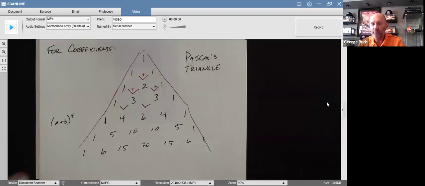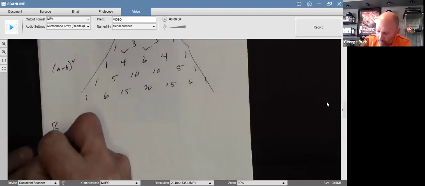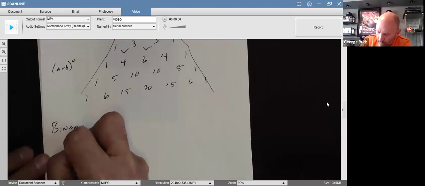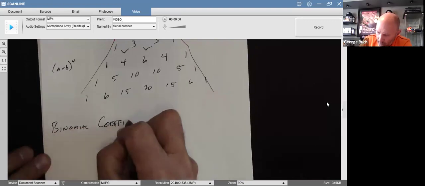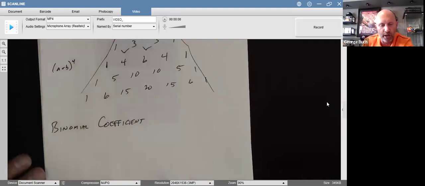So this is great when my n is sort of small. But if I had like a plus b to the 30th power, I don't want to generate a triangle that has 30 or 31 rows, right? And so this leads us to the binomial theorem, which first we need what's called the binomial coefficient. So how do we figure out all of these numbers in this triangle if I don't have a giant triangle?